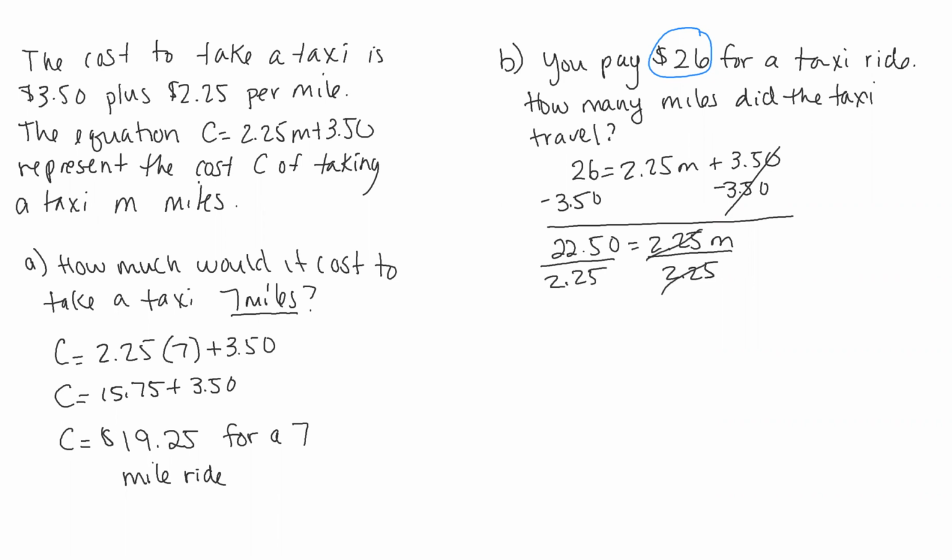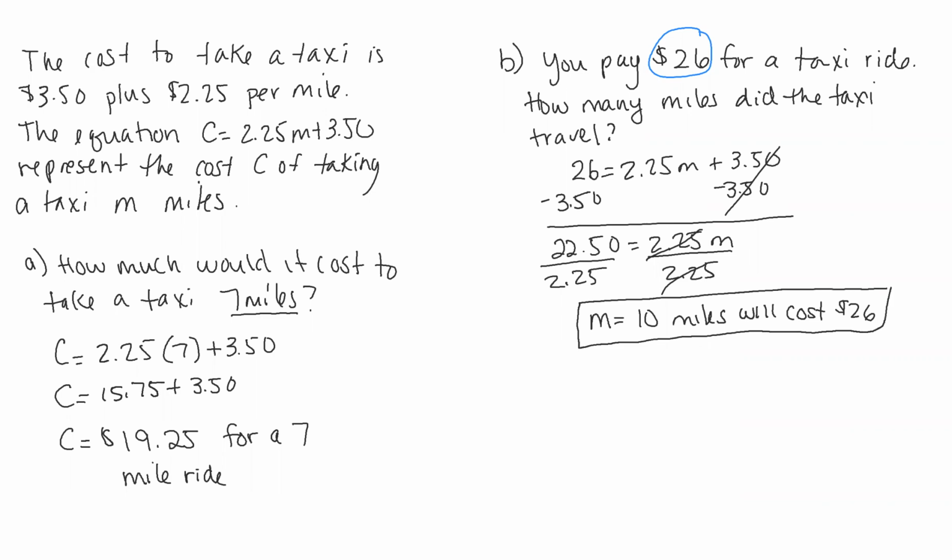The 2.25s on the right cancel. 2.25 divided by 2.25 is just 1 M. And then 22.50 divided by 2.25 is 10. So 10 miles will cost $26.